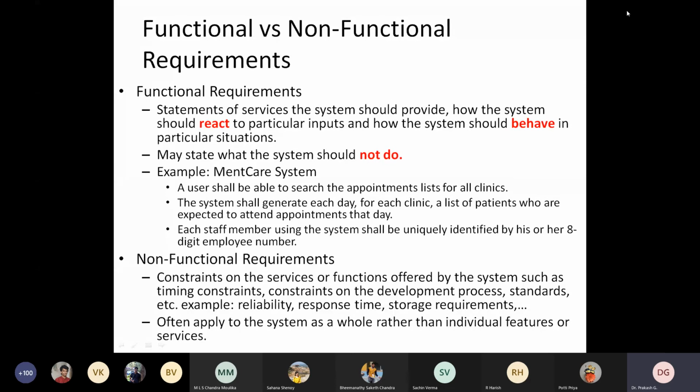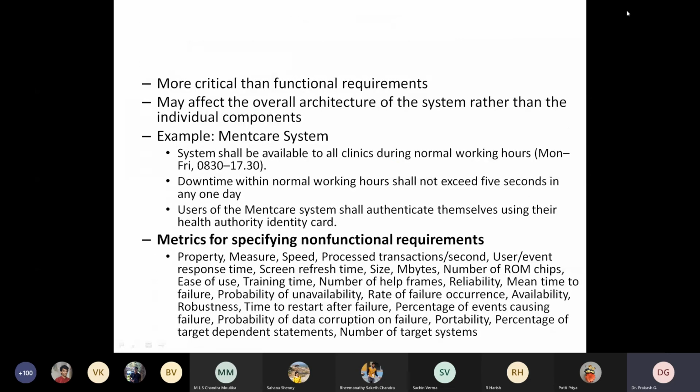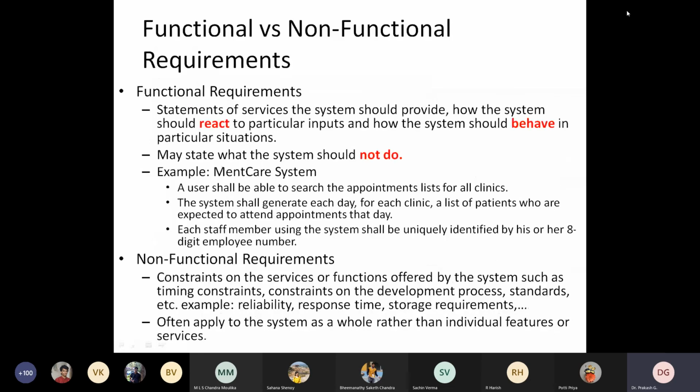That is the difference we can make out. It is also more critical to find the non-functional requirements, because functional requirements you can directly extract, but non-functional requirements are very critical to find out. That is what we have to think about.